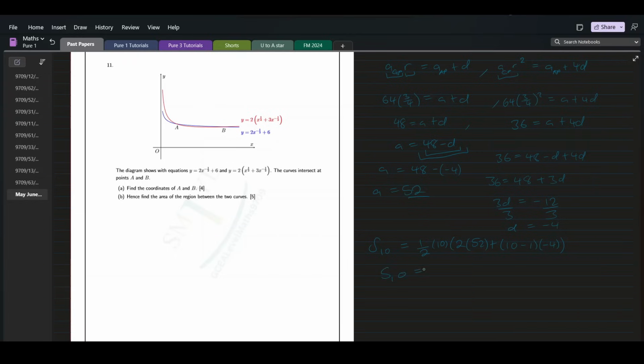So this is the sum of the first 10 terms. Let's punch that into the calculator. Half times 10 times, that's 2 times 52 plus 10 minus 1 times negative 4, and this gives us 340, and this would be our final answer for number 8.